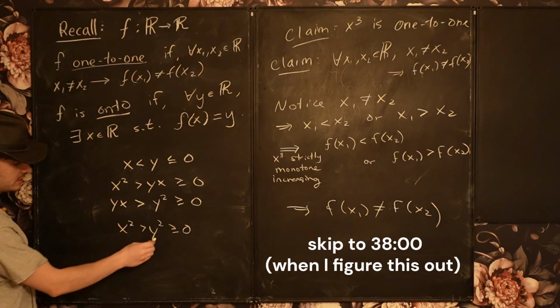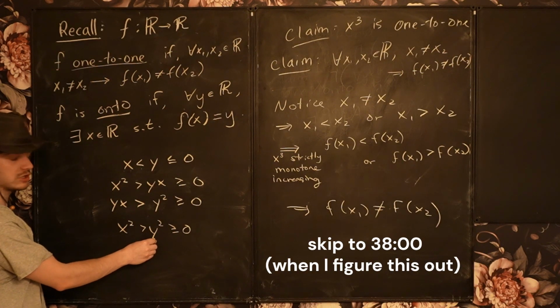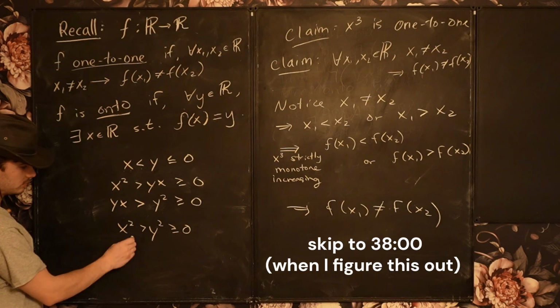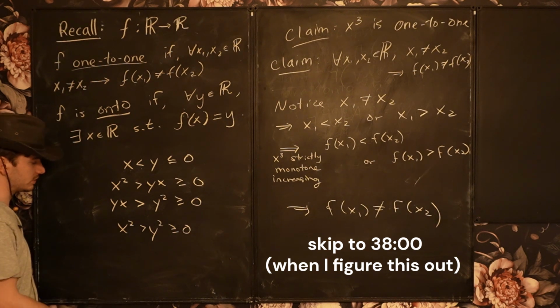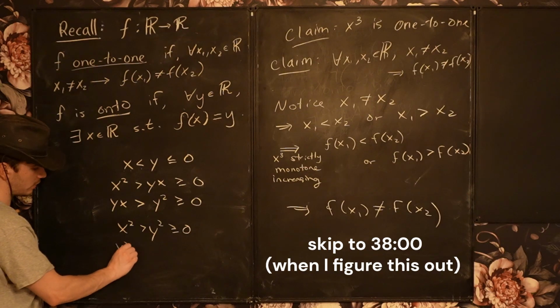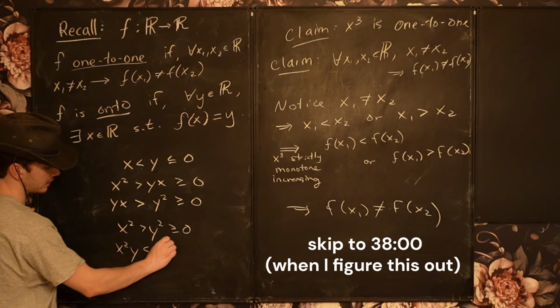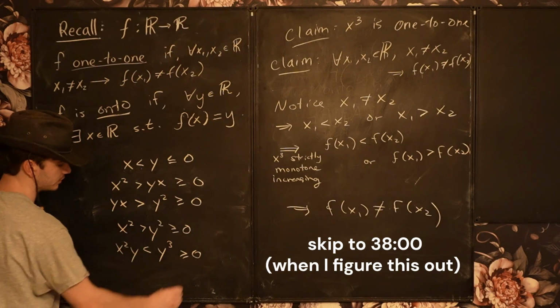Now if I multiply this inequality by y, again, it'll flip the inequalities. Anytime I multiply by y or x, it's going to flip the inequalities. So this is x squared y is less than y cubed, greater than or equal to 0.